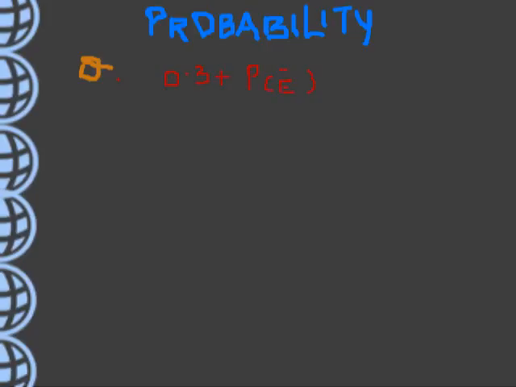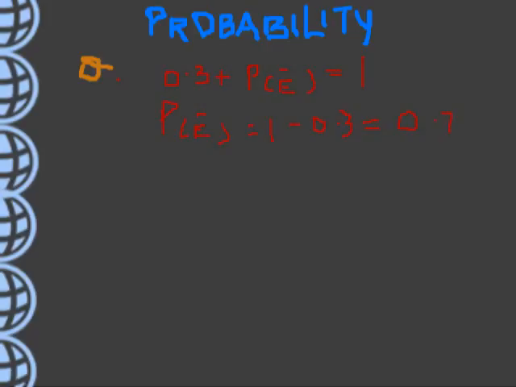We know that the sum is equal to 1. So the probability of losing the game will be 1 minus 0.3, that is 0.7. So 0.7 will be the probability of losing the game.